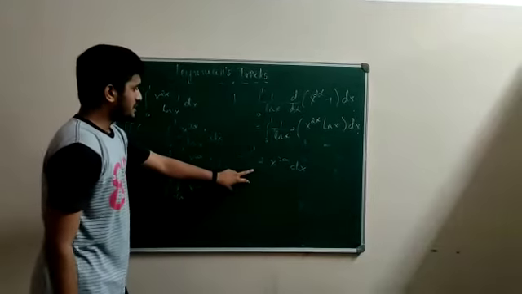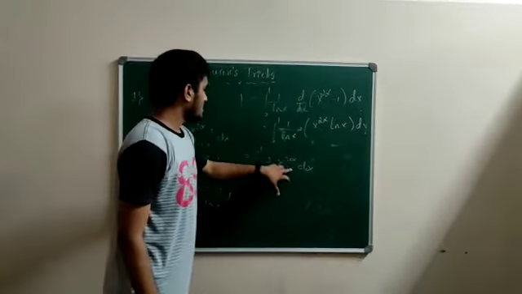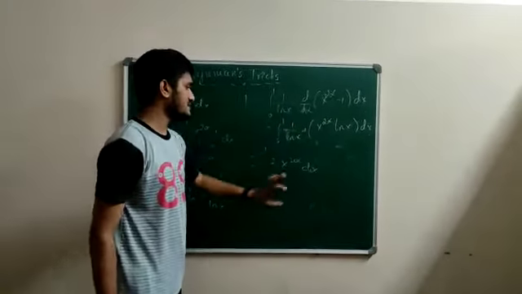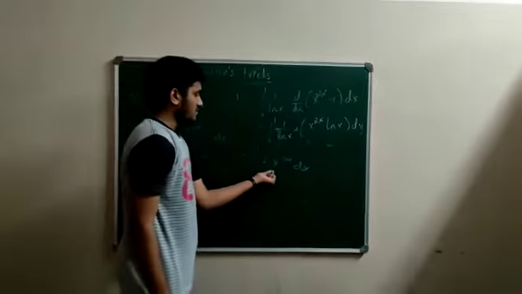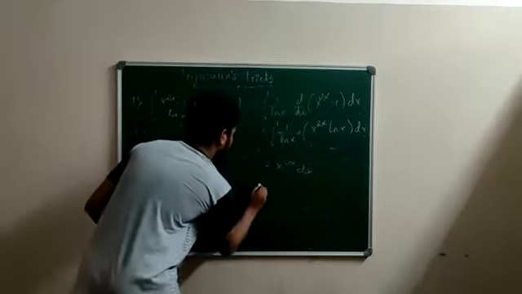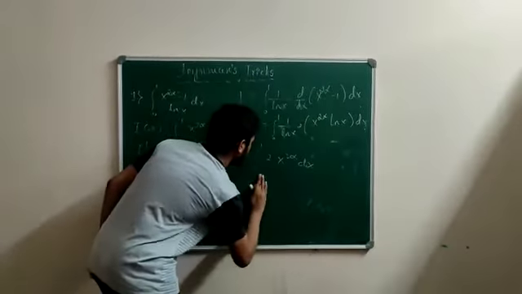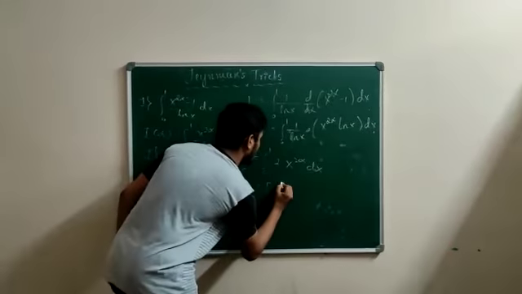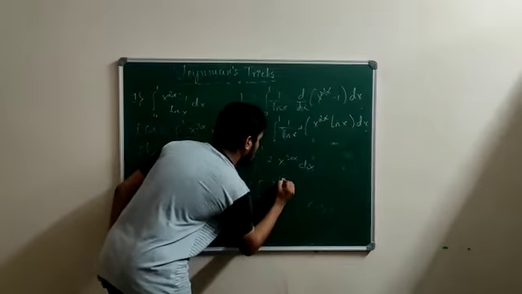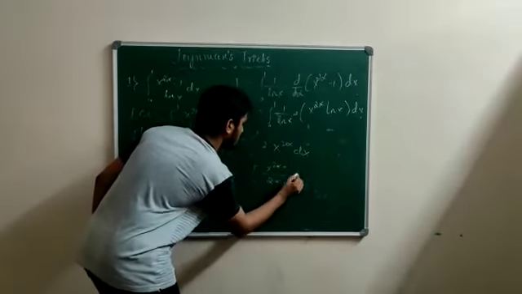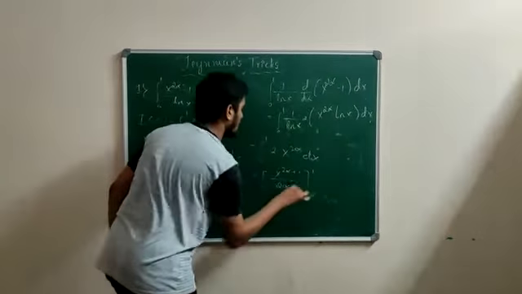Now we should integrate the function with respect to x, since x is the variable here. So this becomes x to the power 2 alpha plus 1 divided by 2 alpha plus 1 with the limits 0 to 1.